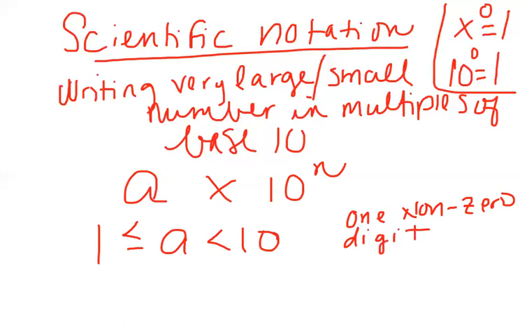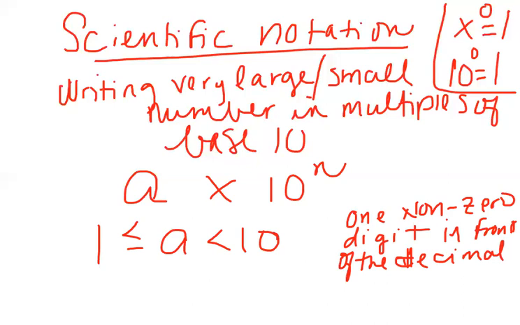You can only have a non-zero digit in front of the decimal, okay? Here, let me write this down. In front of the decimal. And these questions will be on the test. So when you write scientific notation, you're only allowed to have one non-zero digit in front of the decimal.